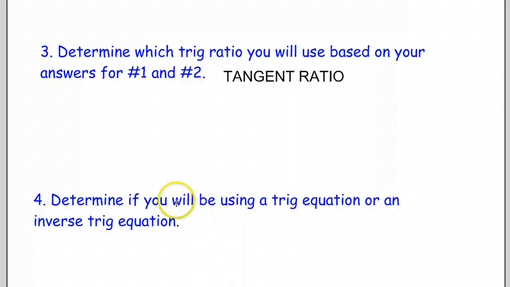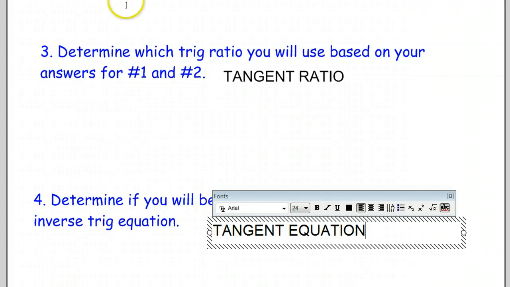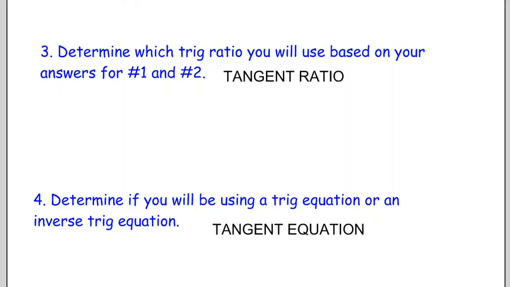Step 4 is to determine whether I'll be using the tangent ratio or the inverse tangent. In this case, we're going to use the tangent equation, because we're not trying to find an angle measurement, we're trying to find a side measurement. Then the next step is to set up the equation.